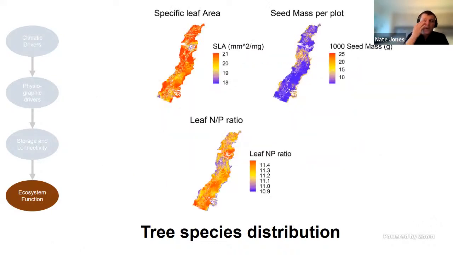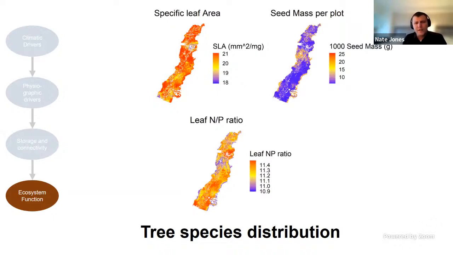But what's really cool is that Matt developed a species distribution model, and then based on HAND, he's actually predicting different ecosystem functions. So thinking about specific leaf area, seed mass, which is something managers think a lot about, and then wildlife habitat, and then leaf N to P ratio, which is a biogeochemical measure.